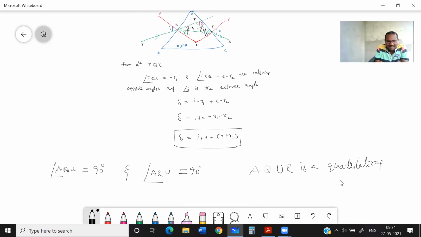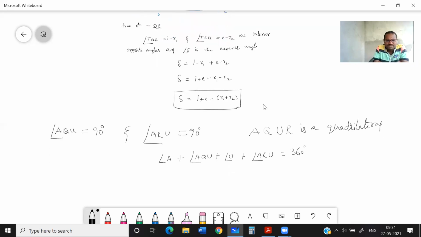Means angle A plus angle AQU plus angle U plus angle ARU should be equal to 360 degrees. That means angle A plus 90 degrees plus angle U plus 90 degrees equals 360 degrees. Means A plus U should be equal to 180 degrees. Correct? 90 plus 90 is 180, and 360 minus 180 is 180. This is equation number 1, and this is equation number 2.